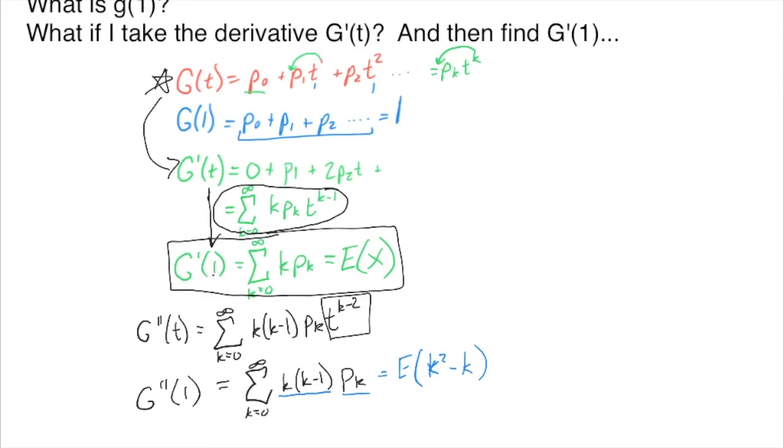Now, using the stuff that you guys learned in that first unit in section A, that means this is the same thing as the expected value of k squared minus the expected value of k, right?